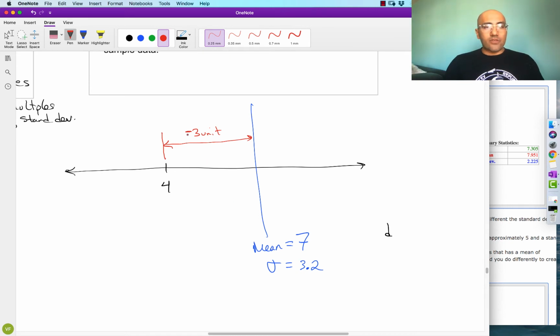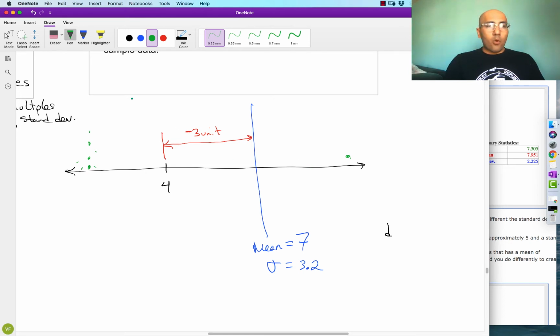But -3 units is not enough information, because it's important to know where the rest of the values are. We could have a case where there are a lot of values way over here, and just one person over there dragging the mean, so there's a certain amount of variability.